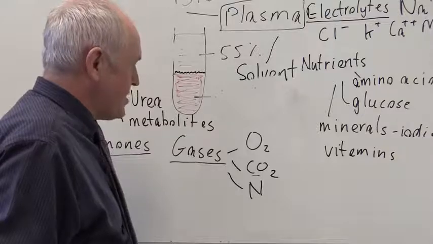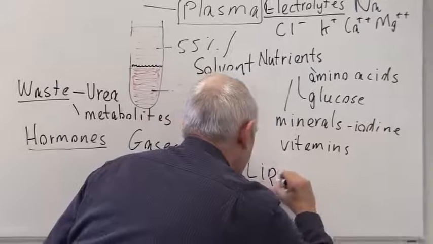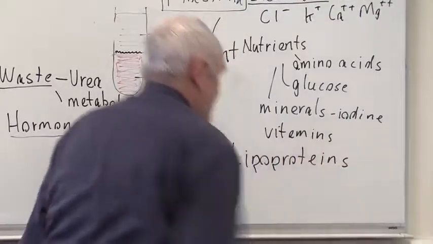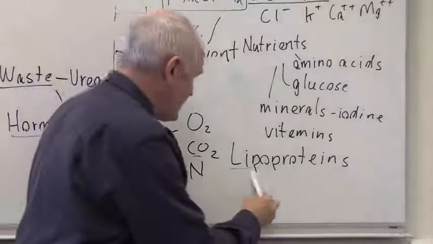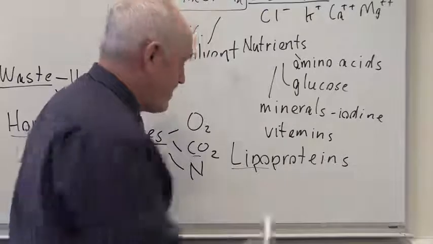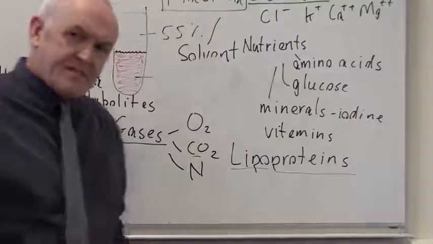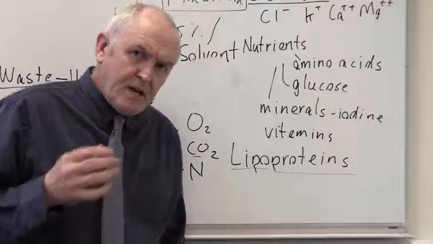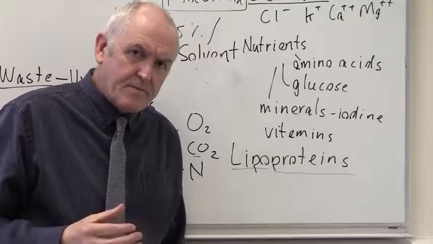And I think the last thing I'll talk about are the lipoproteins. Lipo means lipid, and protein, of course, is protein. Now, fats cannot dissolve directly in the plasma, so they need to be carried by carrier molecules.